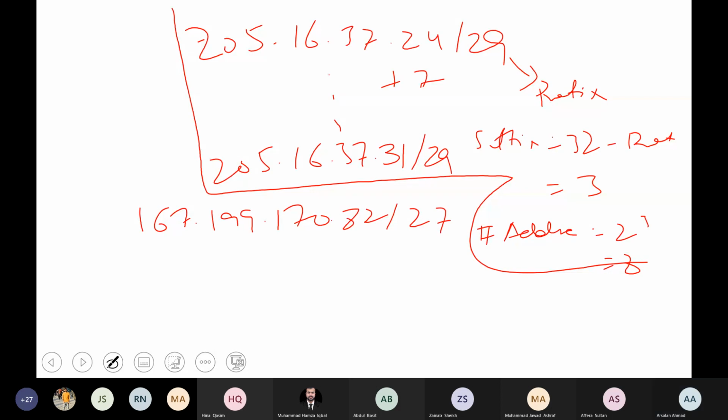Yes. So /27 means my subnet mask is 27 ones. So 255.255.255. Has anyone calculated? Dot.